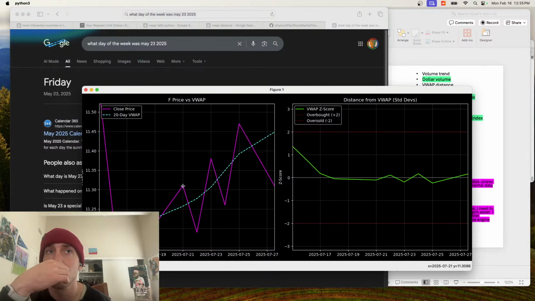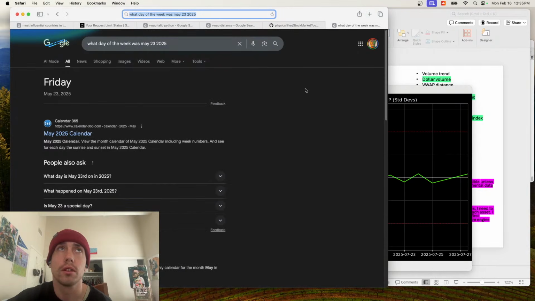Oh. Okay, so the 20th, it goes back above. So we should see that on the 21st. But the 21st is still below. 21st, it falls back below. We should see that on the 22nd, but we don't see it till the 23rd.